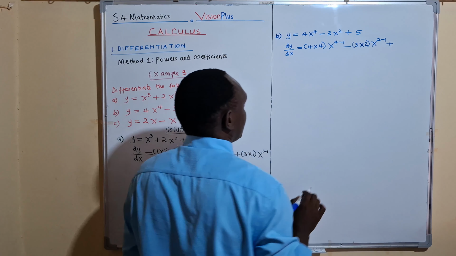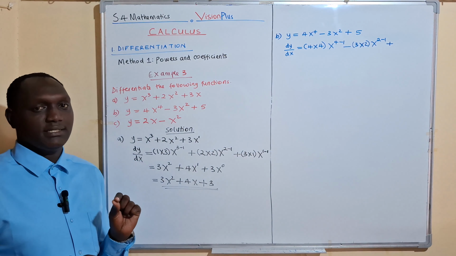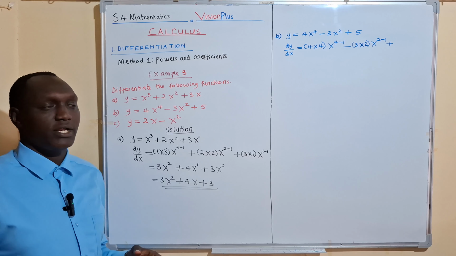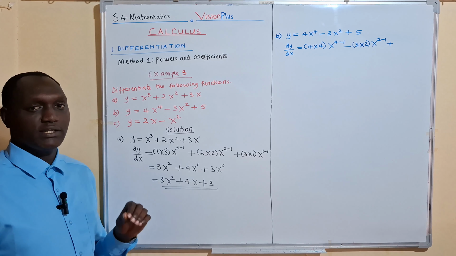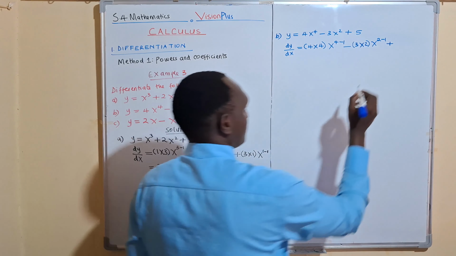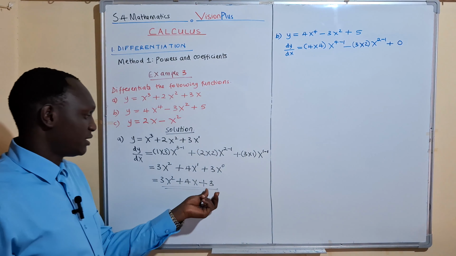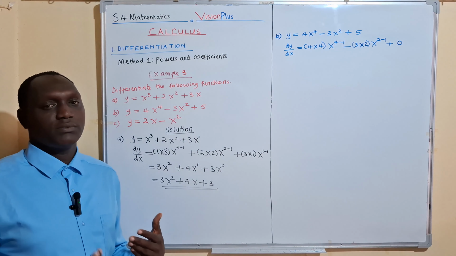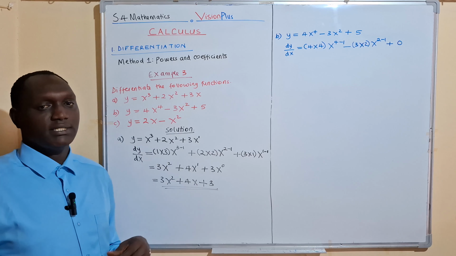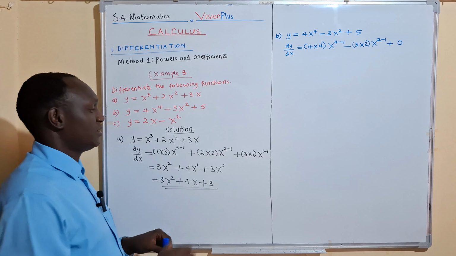Now 5 is a constant. Why? It is not attached to x or y. It doesn't have a variable attached to it. So if you differentiate a constant, we get 0. Don't confuse it with what I explained here. 3 was a constant obtained as a result of differentiating a given expression or a given function.